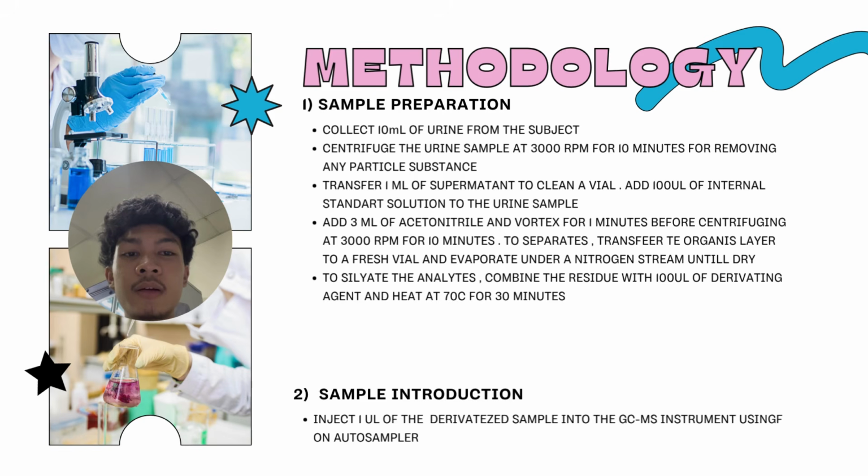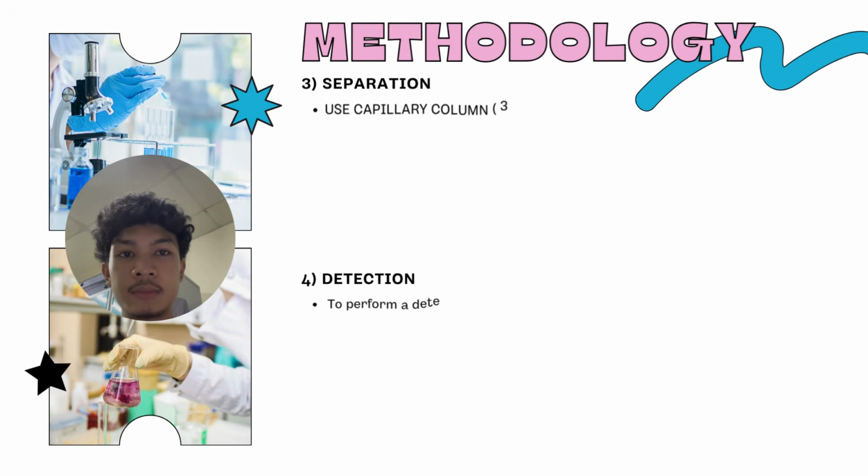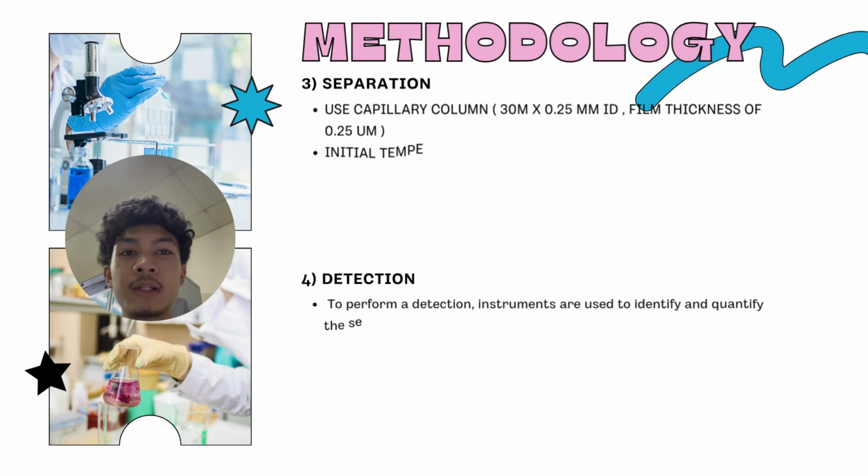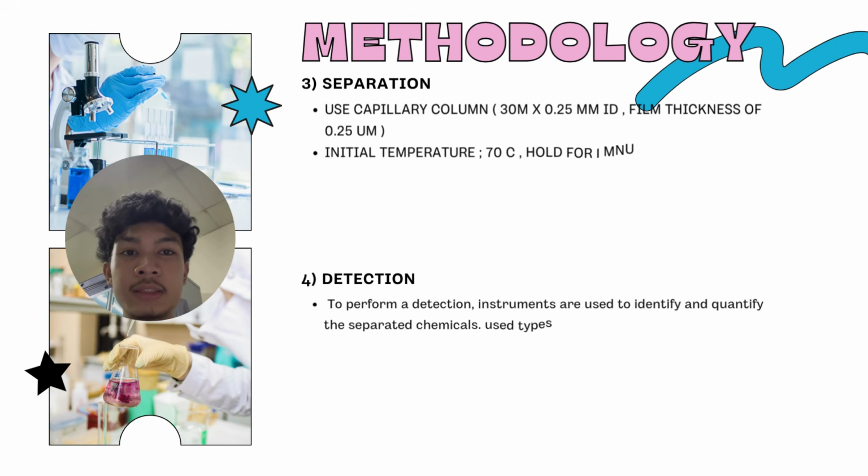Second, sample introduction. 1 microliter of the derivatized sample was then injected into the GCMS instrument using an autosampler. Third, separation. For separation, we used a capillary column with the following temperature program. Start at 70 Celsius for 1 minute.